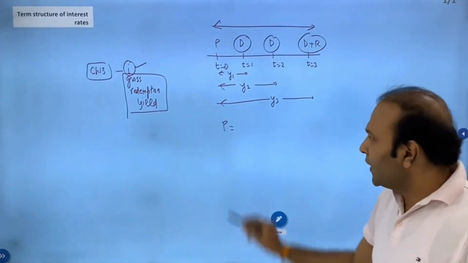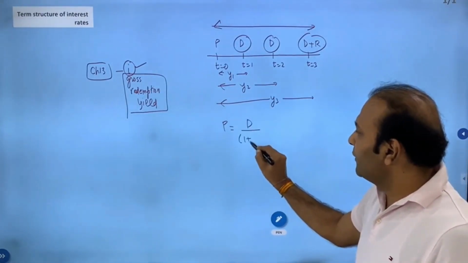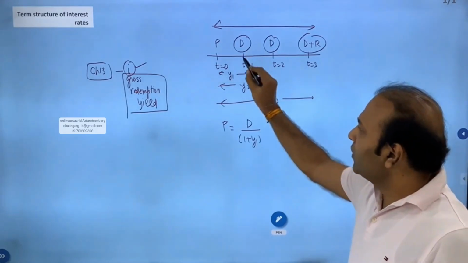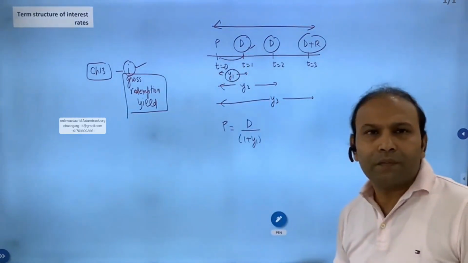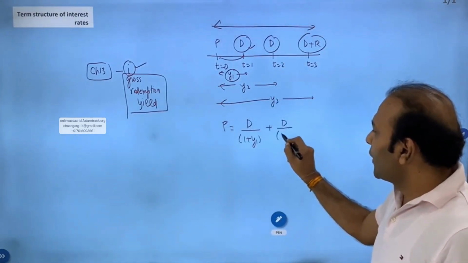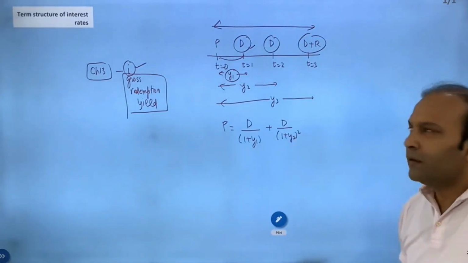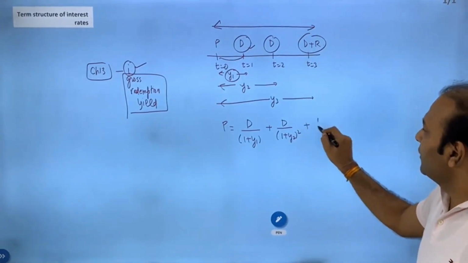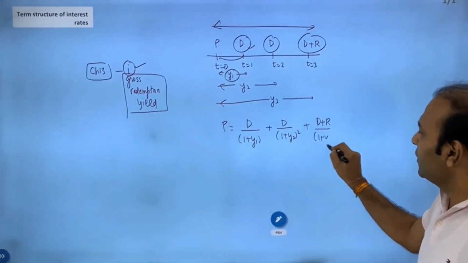Fine. So class, to find the price of this, we use D divided by 1 plus y1. We will discount this coupon payment using this spot rate only. For the second year, we use the 2-year spot rate. Fine. And for class, the third year, D and R, we use the third year spot rate.